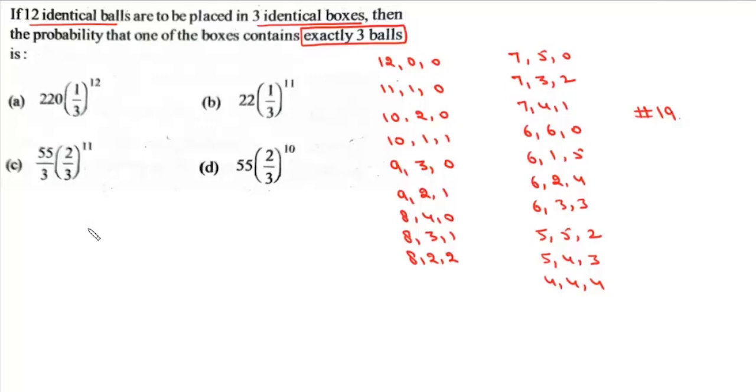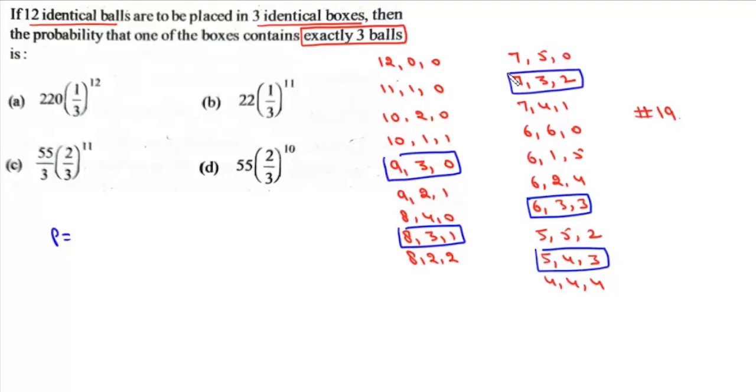Now we have to find the probability that one of the boxes contains exactly 3 balls. Here we have 3, here we have 3, here also we have 3, here we have 3, and here also we have 3. Now this language is not exactly clear. When it says one of the boxes contains exactly 3 balls, does that mean out of the 3 boxes there is only one which contains exactly 3?